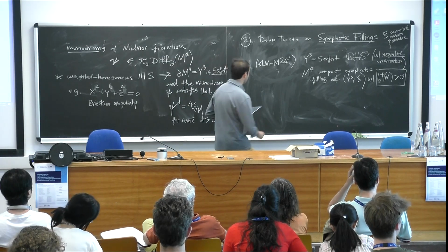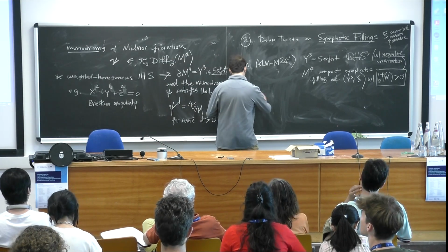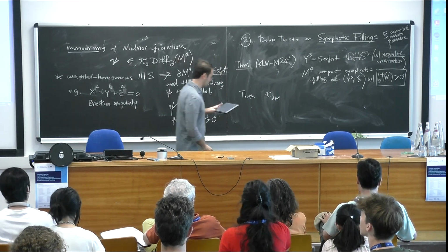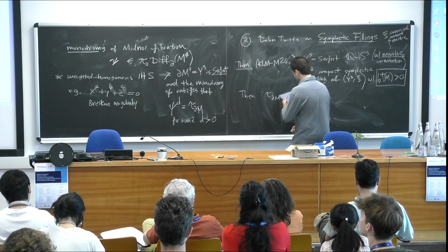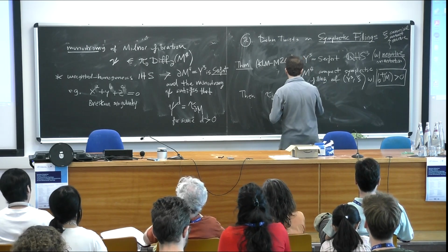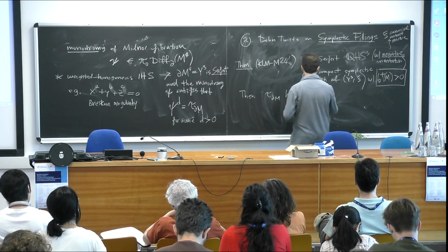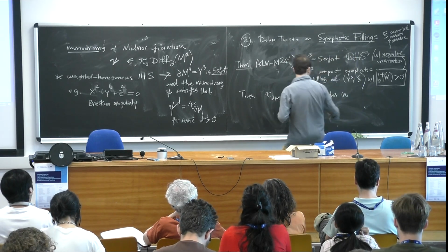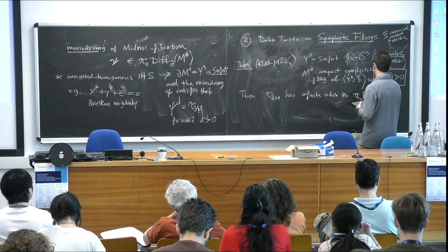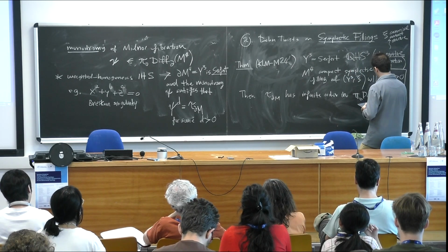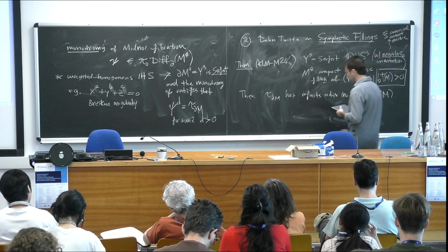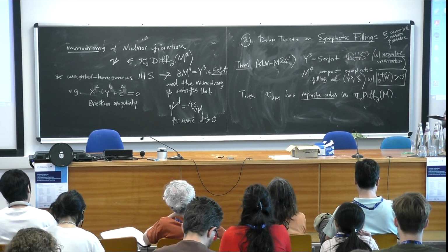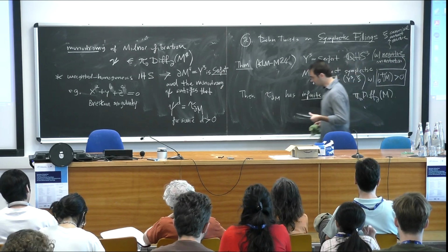So then the theorem is that the boundary Dehn twist on this 4-manifold has infinite order in the smooth mapping class group. So in particular, it's non-trivial, and furthermore, it has infinite order.